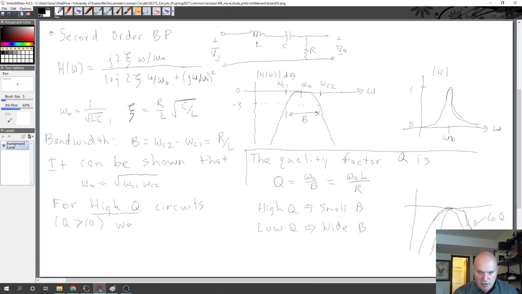In this case, omega C1 is approximately equal to omega 0 minus the bandwidth over 2, and omega C2 is approximately equal to omega 0 plus the bandwidth over 2. And so you have these relationships as well.